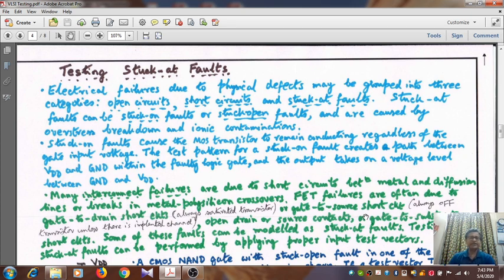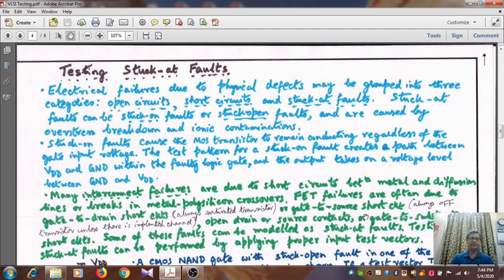Note that we have studied earlier what overstress means. If you subject the gate to source voltage to an excessively high voltage, then dielectric breakdown can occur, and thereby the gate can be shorted to the source or drain, and a channel can exist without even subjecting the gate to the proper threshold voltage.